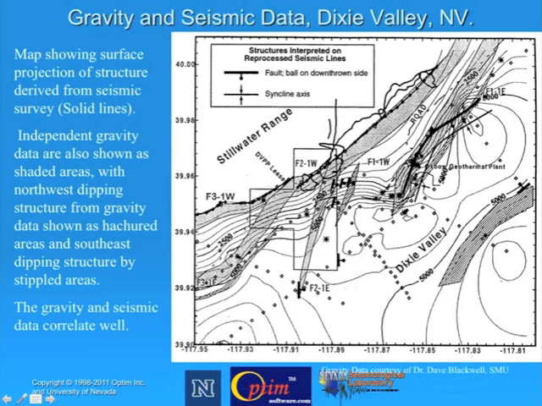We find suddenly that all the most productive wells are located not on the steeply dipping range-front fault, which is up here to the northwest, but on these basin-ward step faults, out here further to the southwest.